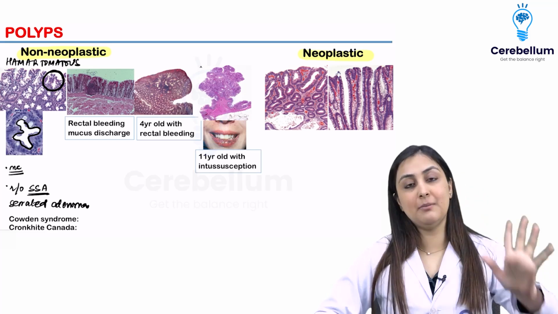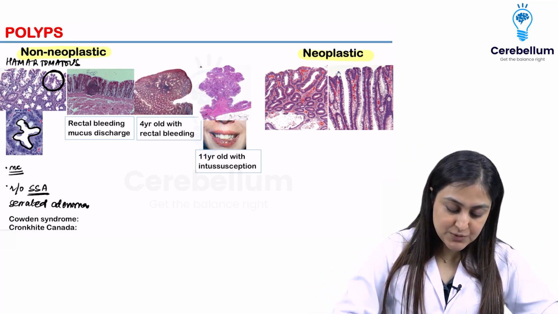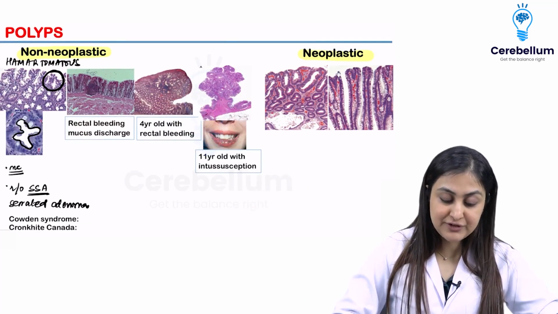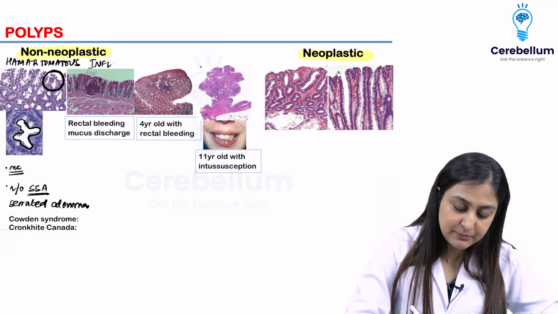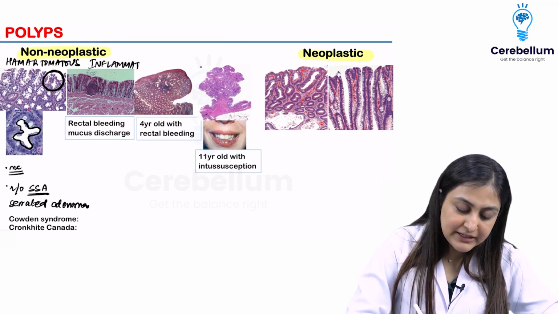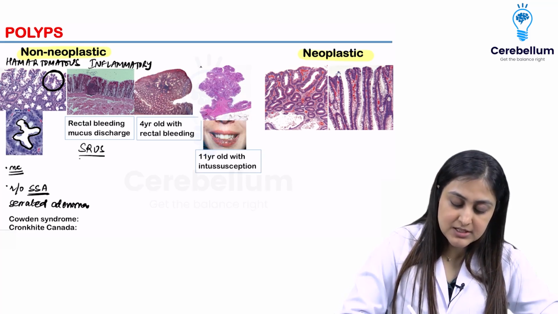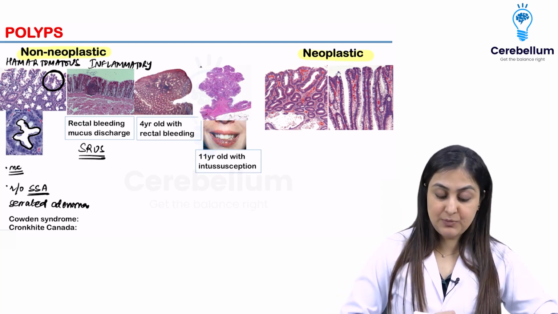Okay, so this is hyperplastic. If you start seeing inflammatory cells, can you see these lymphocytes and all of the inflammatory cells? You have a history of rectal bleeding and mucus discharge. This is an inflammatory polyp. Okay, so inflammatory polyp, remember, also known as solitary rectal ulcer syndrome. So this is the clinical counterpart of inflammatory polyps.